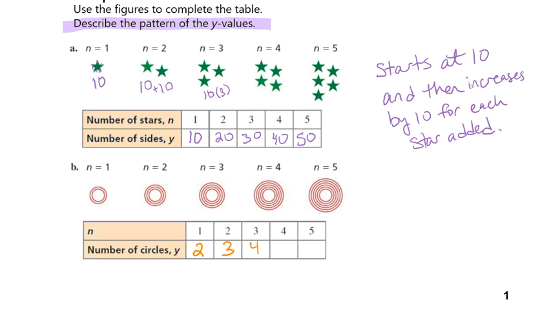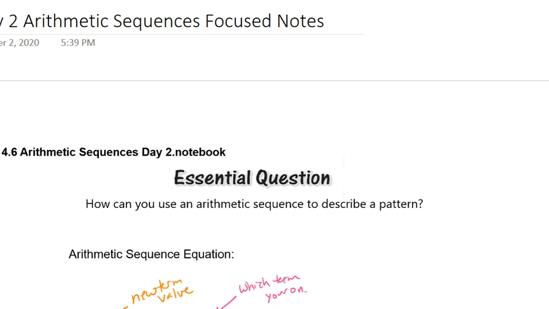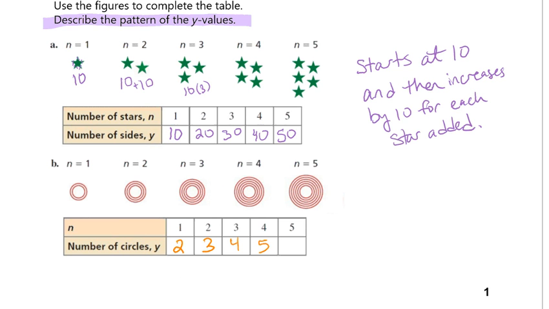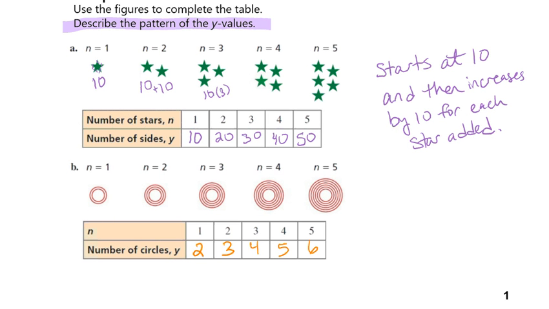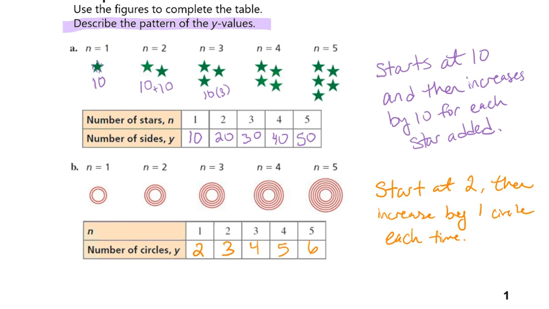On our fourth term, they've added another ring to the outside, giving us 5 circles. And when we look at our fifth term, they've added another circle, and now we have 6 circles. So to describe this pattern, we would say that we start at 2, and then increase by 1 circle for each term, or each time.